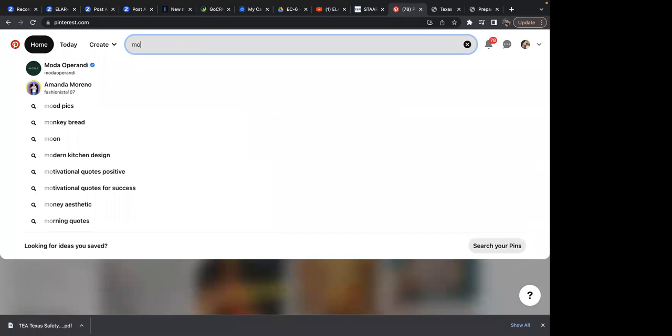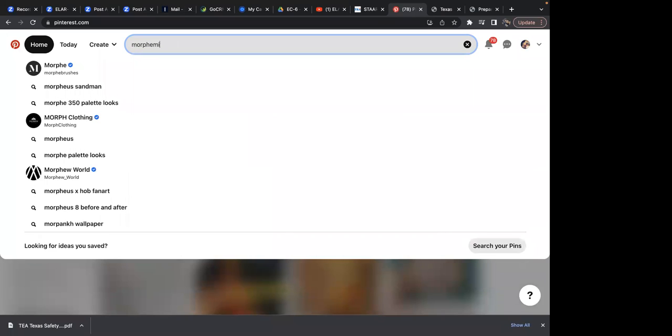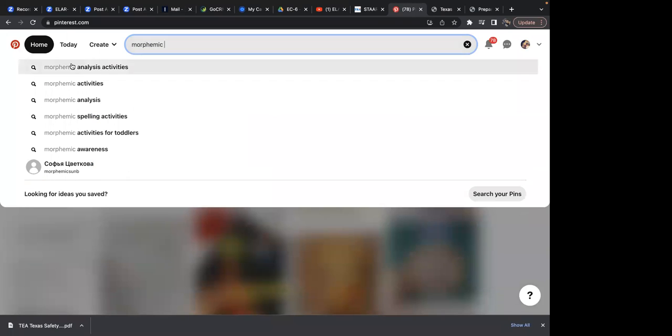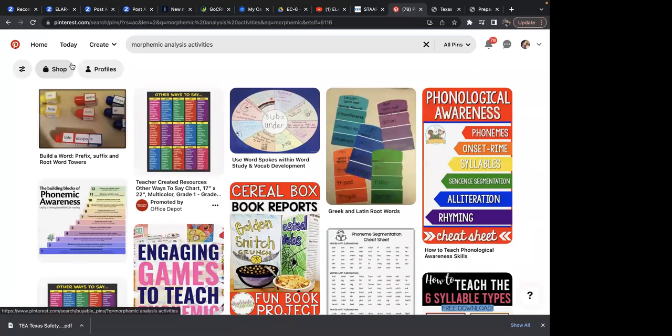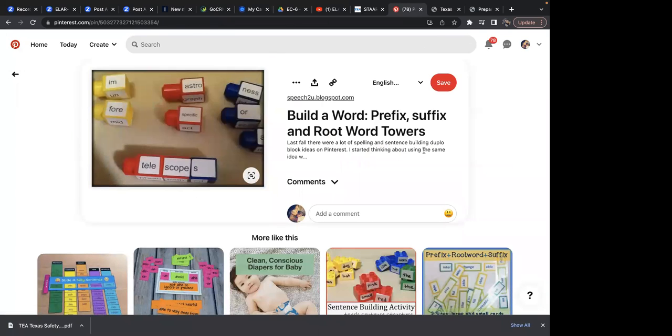Let me do morphemic analysis activities. So, a really great way for them to play with words, build words. You can even have them build sort of nonsensical words.